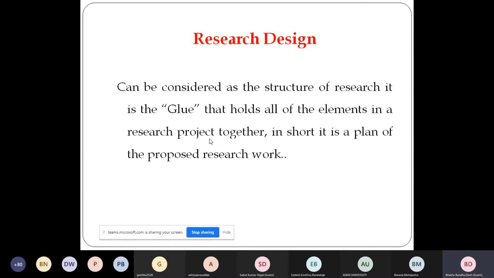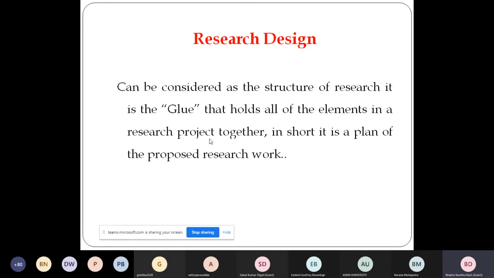From the objective of the research, each objective has a specific design. And each design links with an analytic tool, each design links with an evaluative format, each design links with a reporting format.